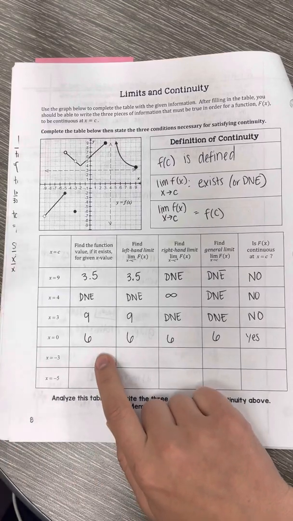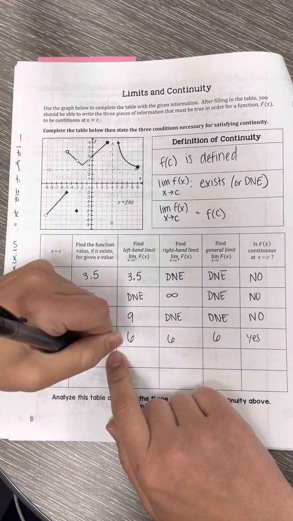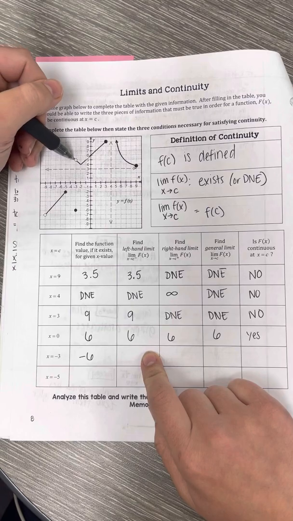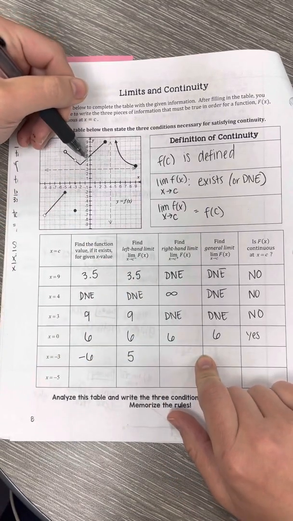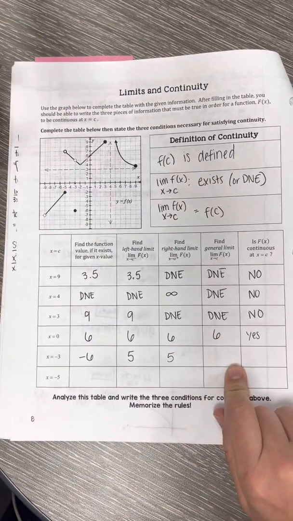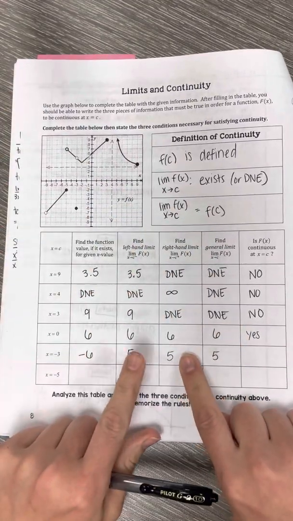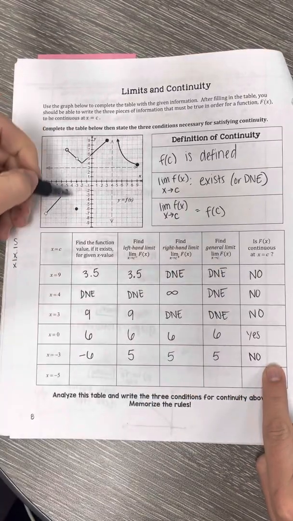All right, at x equals -3, our value here is going to be -6. From the left, we're approaching 5. From the right, we're approaching 5. Find the general limit. This is still 5 because these two are equal, but is it continuous? No, because there is a removable point.